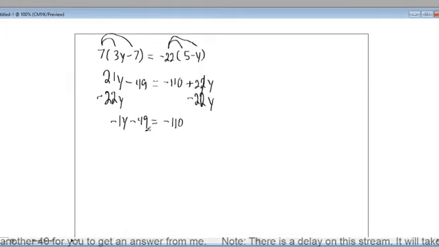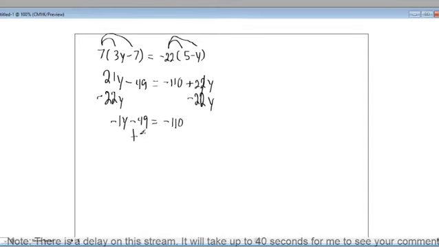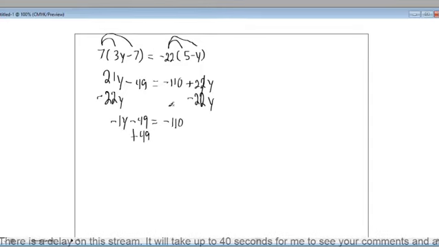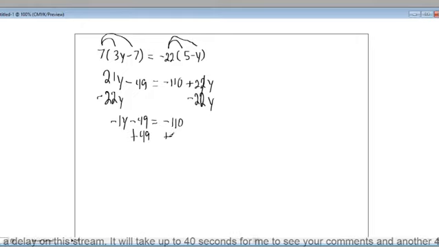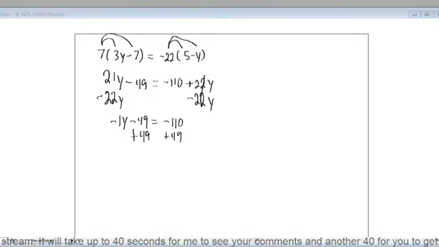So 49 and 110, those are our two constants. Since I put y on this side, I'm going to want to take the constant values and put them on this side. So that negative 49, we're going to need to move that by adding it. Okay, and I believe that comes out to 61.